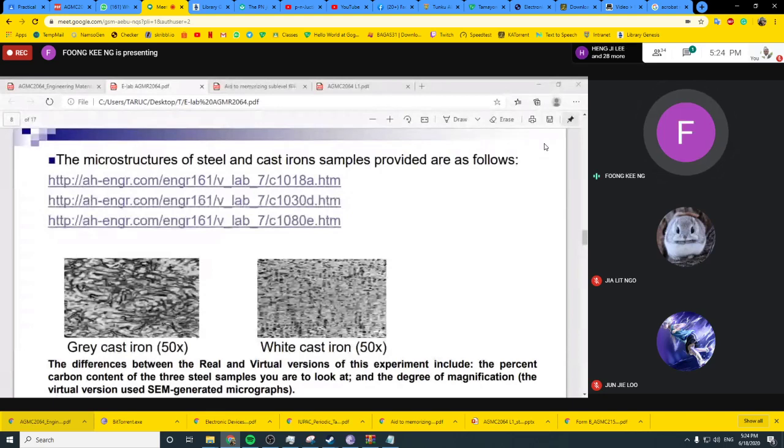For the references, can we use the references given in the lab manual? The lab manual references the book by Callister. That book is a very good book, so I would recommend you to have the ebook. You can get it online. But there are plenty of other resources online.